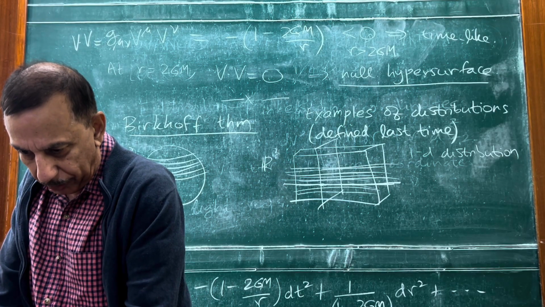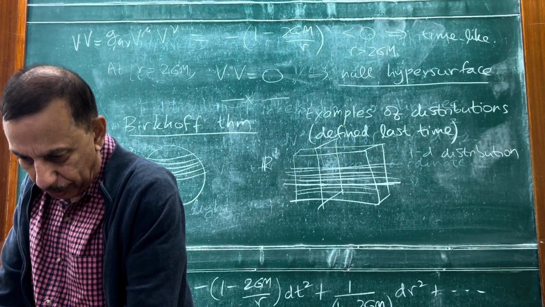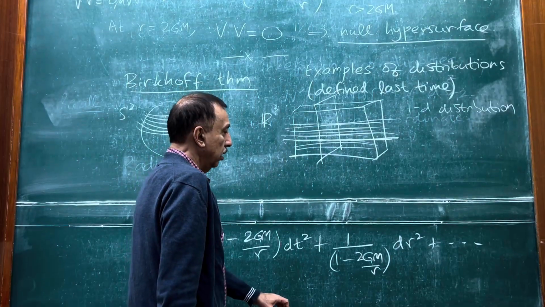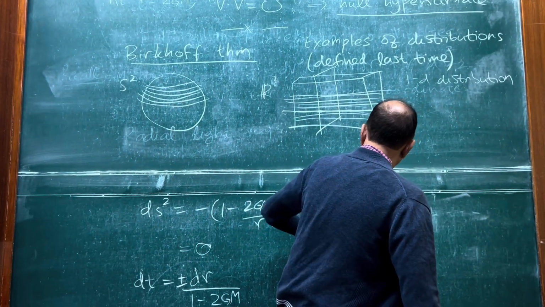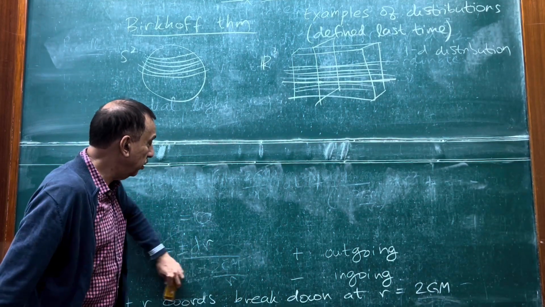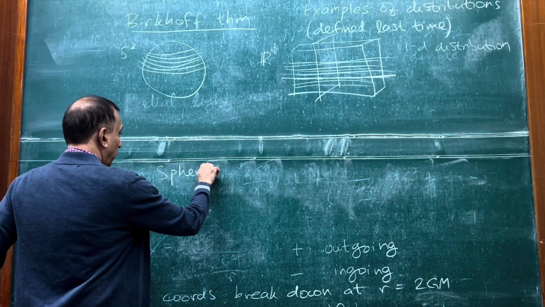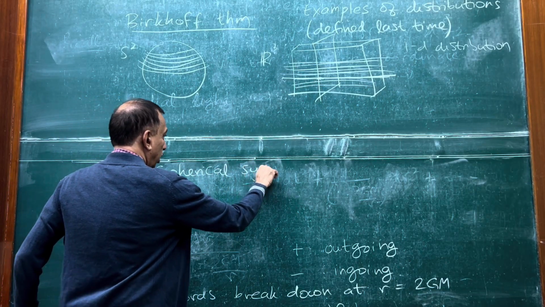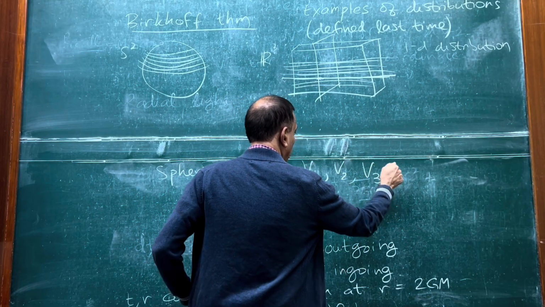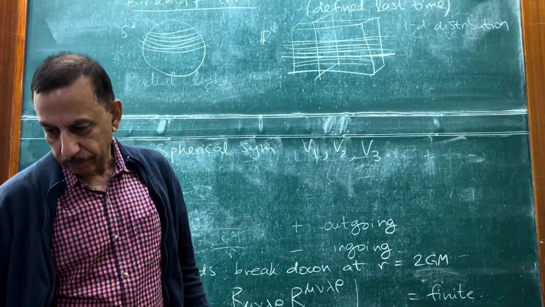Now, the usefulness of this is that the key theorem that we needed for Birkhoff was the existence of spherical symmetry, right? It is the only data we have given. And spherical symmetry implies three vector fields v1, v2, v3 with the usual commutator brackets.